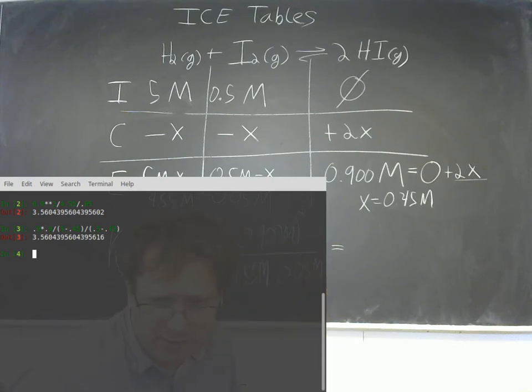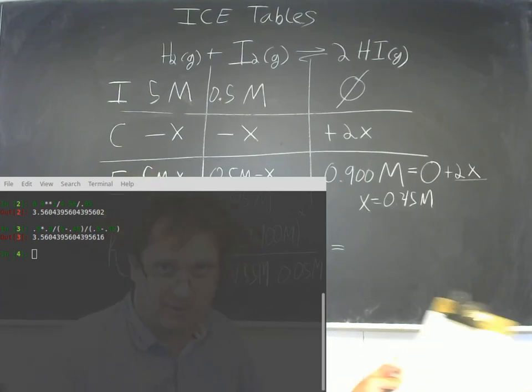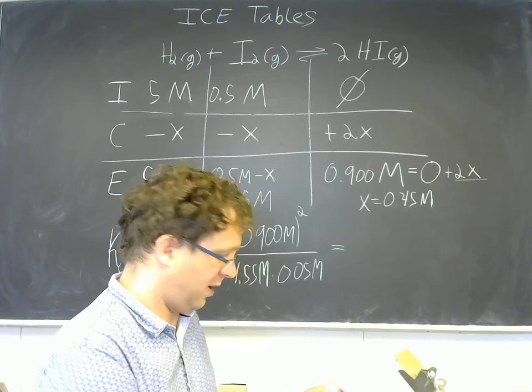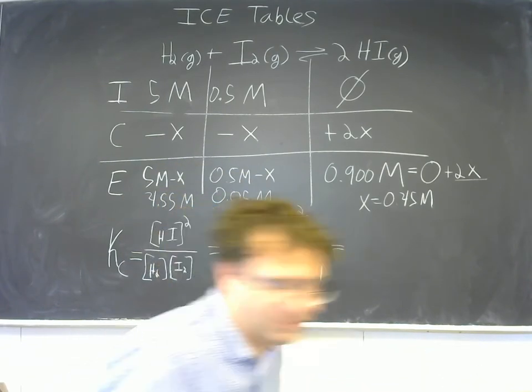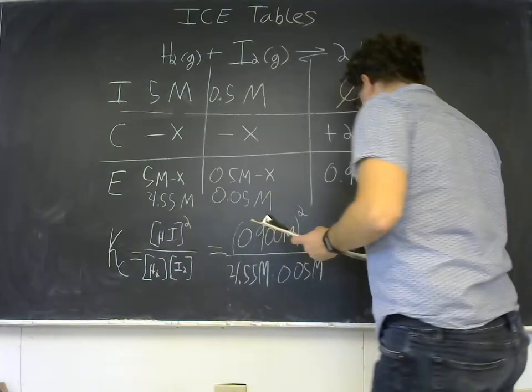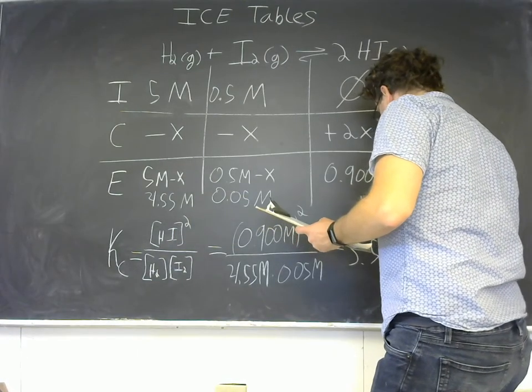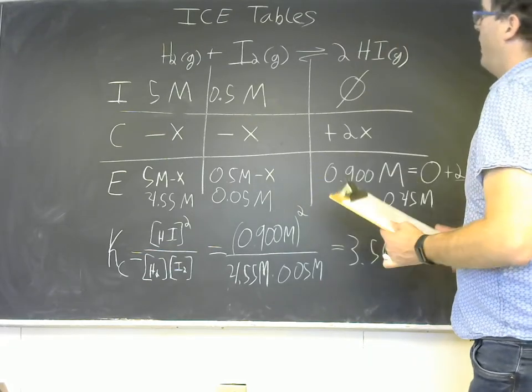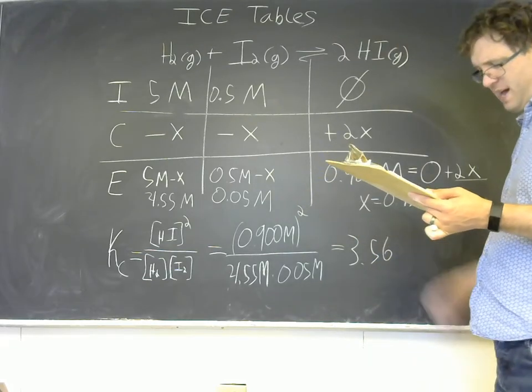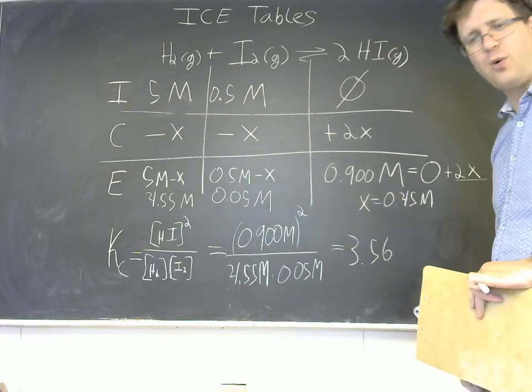It should be 3.56. This is an embarrassing start, but I'm going to just go ahead and continue with the lecture, and you get to laugh at my mistakes here. And that actually does not match the value from our quiz the other day.